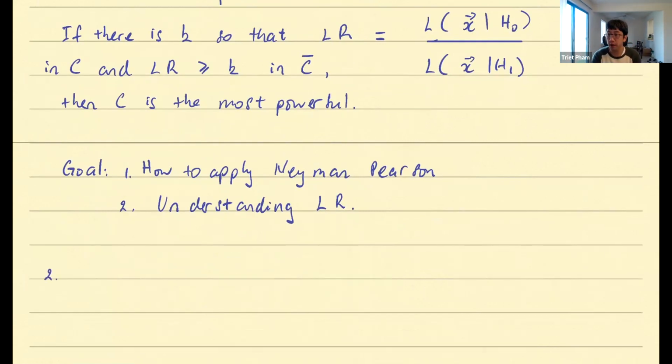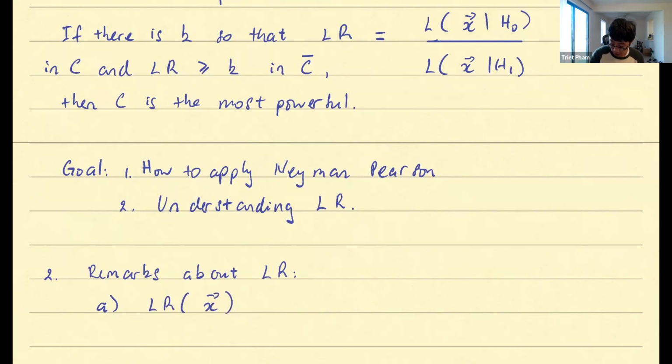So first of all, what is the likelihood ratio? Well, right here, remarks about likelihood ratio. So first of all, let's say something obvious first. Likelihood ratio is a function of the sample.